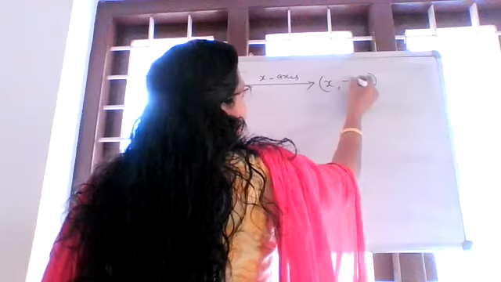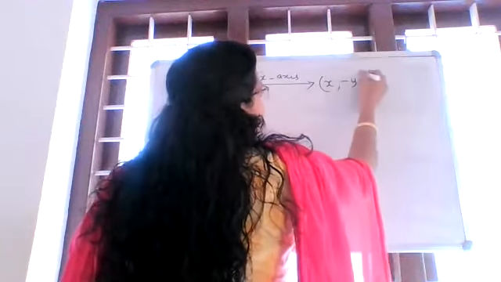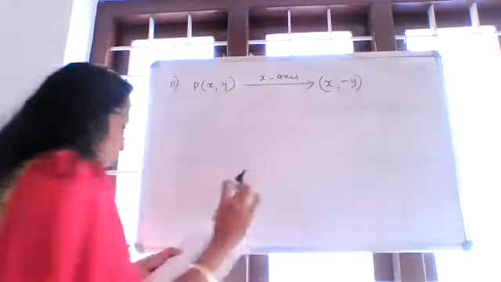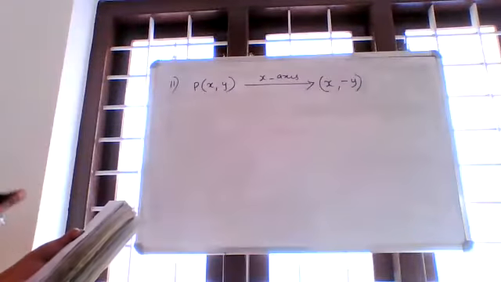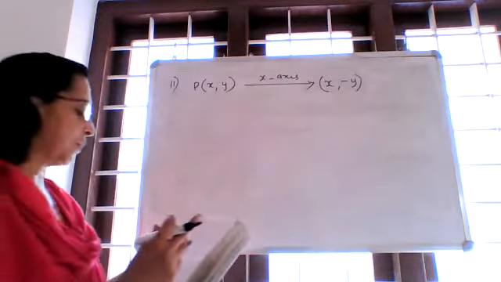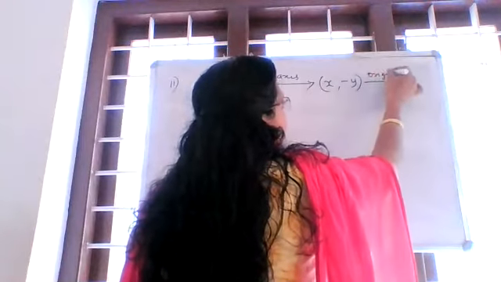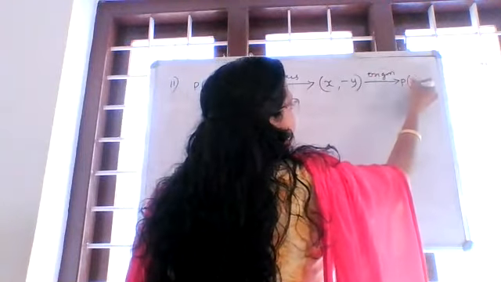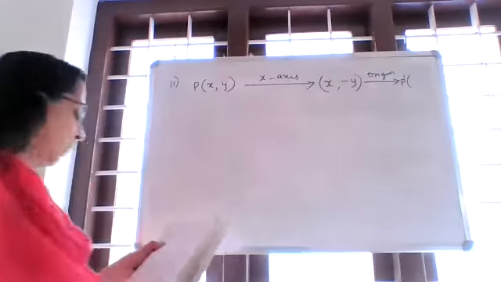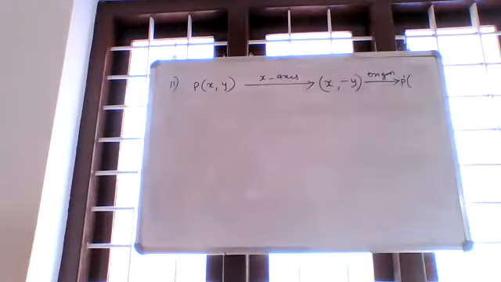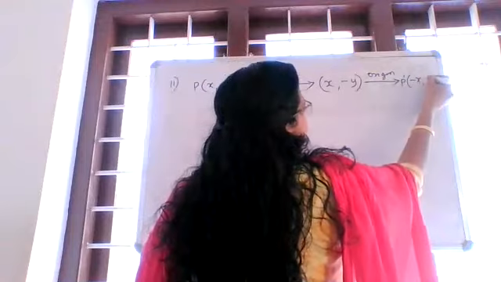Then this point x, negative y is reflected in the origin to get a point P dash. So what about the coordinates of P dash? Negative x, positive y.